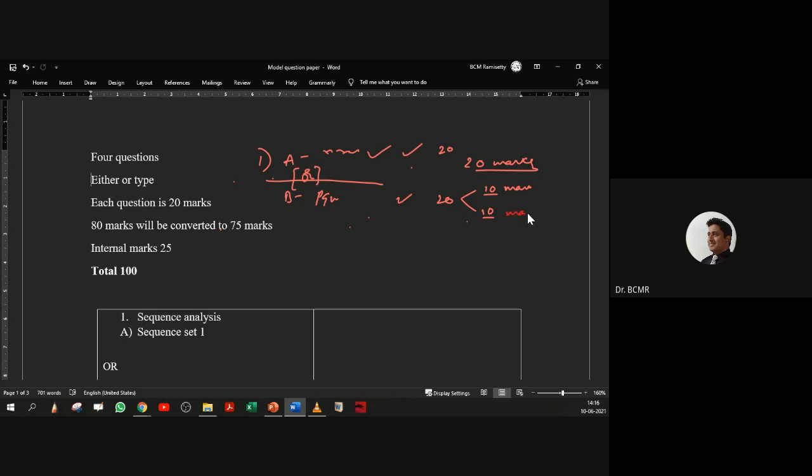So say for example, question 1B. In that we may have 2 bits like this, and each of them will be 10 marks and 10 marks. So 4 questions, 4 into 20, you will get 80 marks. For the final grade, 80 marks will be converted to 75 marks.